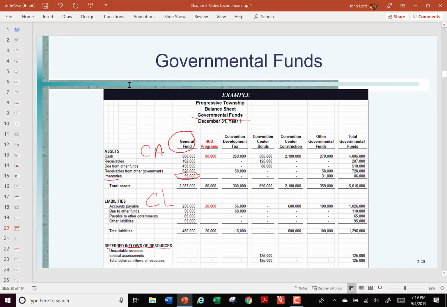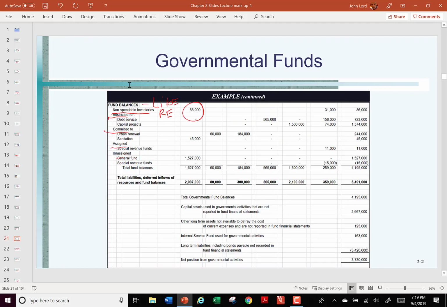No long-term assets here. It's all current items. Okay? Now, notice here we report the total of the liabilities and what we call fund balance. Fund balance is like the retained earnings of the governmental funds.